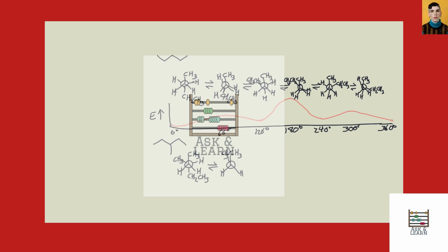And when we rotate 60 degrees, we get an eclipsed conformation. Rotate 60 degrees, we will get another staggered conformation.